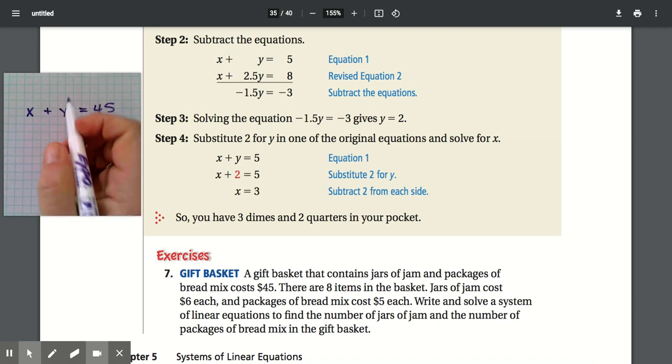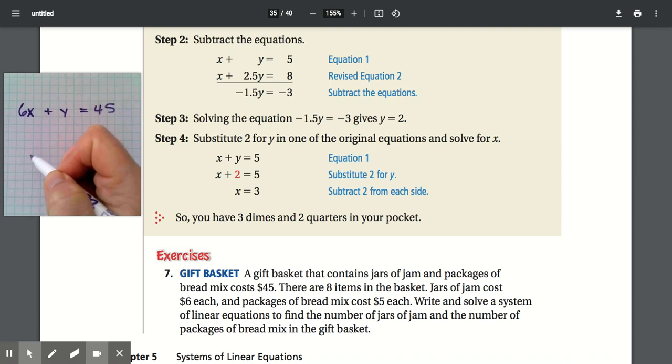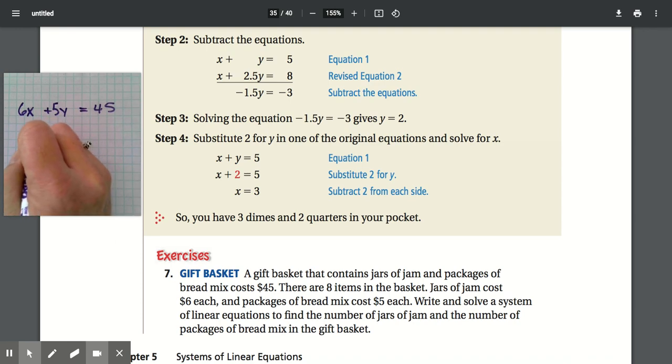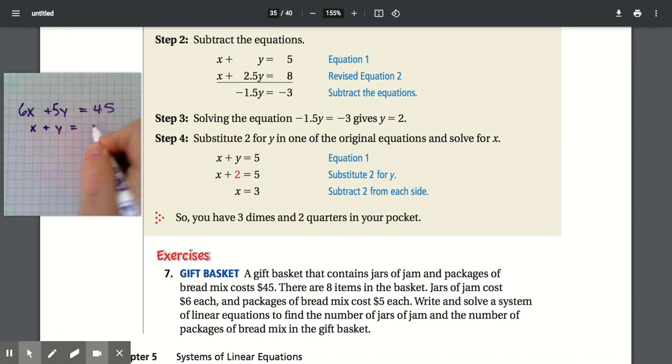Jars of jam cost $6 each, and packages of bread mix cost $5 each. So if we were finding the total value, this would be our equation. But we can write another equation because we know that x plus y equals a total of 8 items. That is the trickiest part, writing the equation from the story problem.